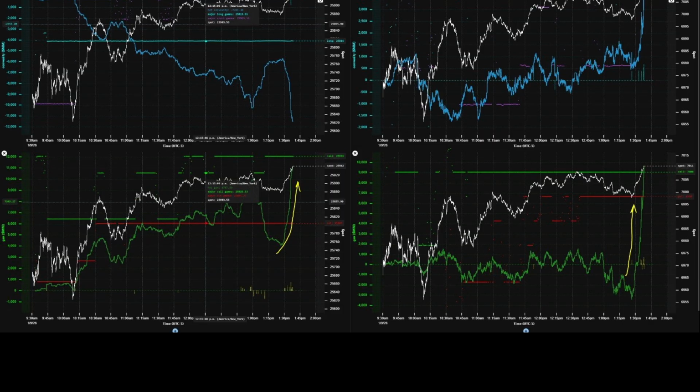Other information here that is valuable for us is the net GEX. The net GEX is this line that always continues with price, and see here how the option market leads the futures market.